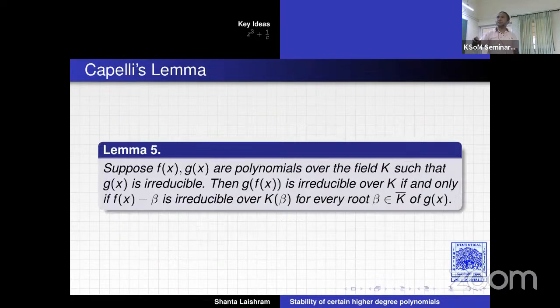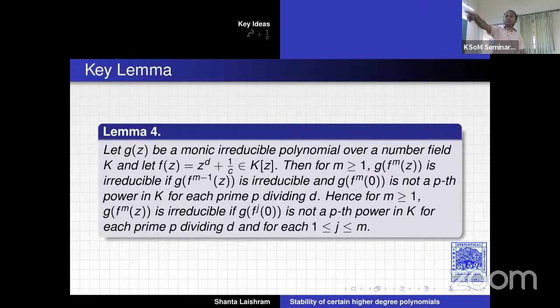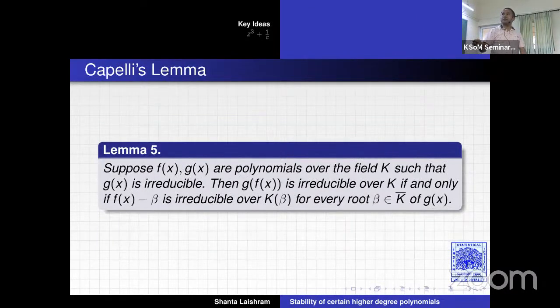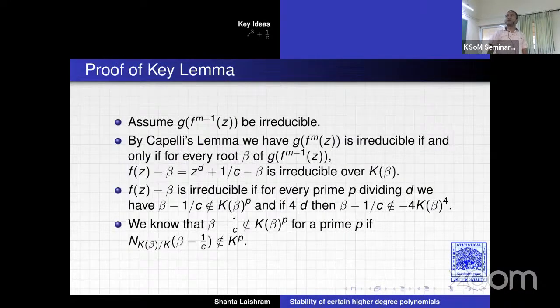So I just want to show you this key lemma, which we actually use to prove our results. So I just want to give a short view of this very key lemma. I start with the assumption that g of f^(m-1)_g is irreducible.